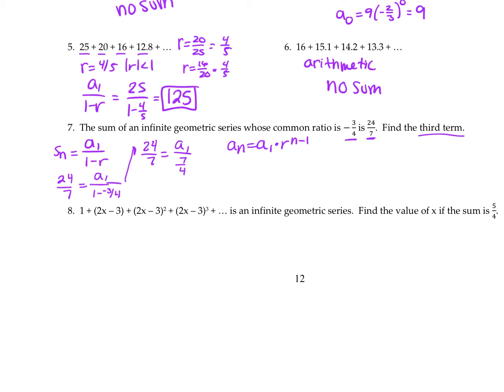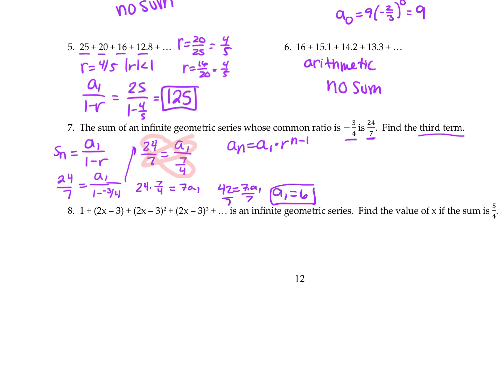So from here I could cross multiply, or you could multiply to get a1 alone a different way, but I think cross multiplying is probably the easiest. So I'm going to have 24 times 7/4 equals 7 a1, which means I'm going to have 42 equals 7 times a1, and so a1 would equal 6.